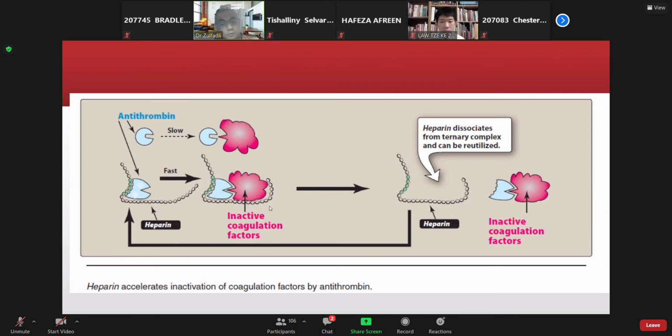The result is that it will stop or prevent blood coagulation. And then after the antithrombin and heparin complex inactivates the coagulation factor, the heparin dissociates from the antithrombin and binds to another antithrombin to inactivate other coagulation factors.